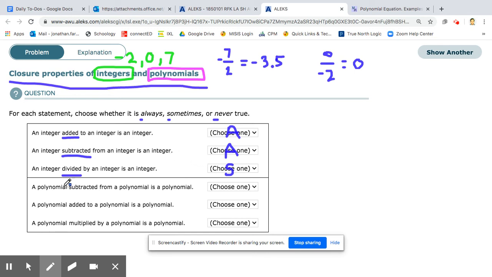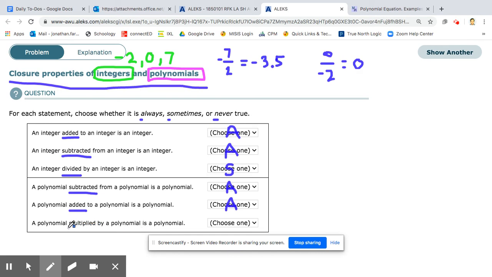Now, what you have to remember about polynomials is it has the same properties as integers. So they are closed under subtraction. No matter what you subtract, it's still going to be a polynomial. No matter what you add, it's closed under addition. Any polynomial added to another one will still be a polynomial.